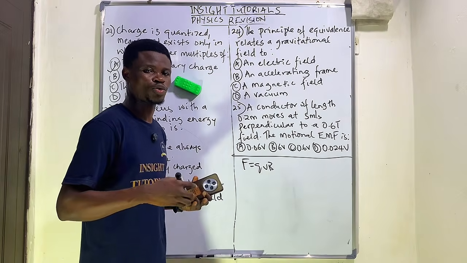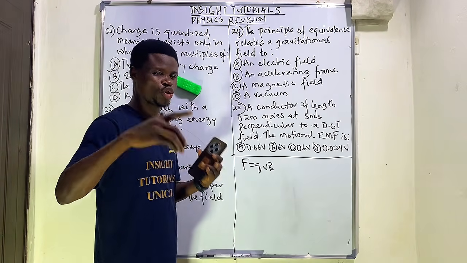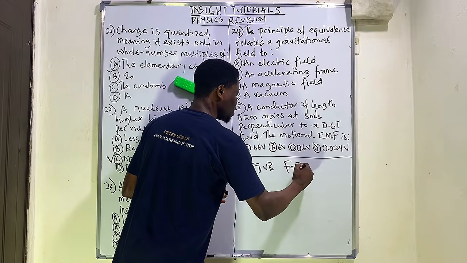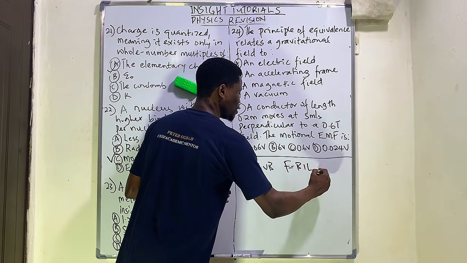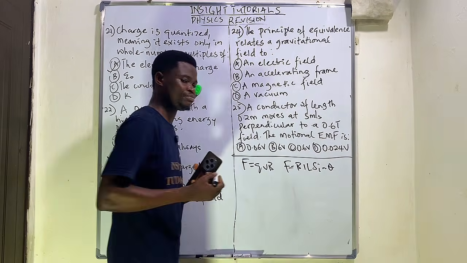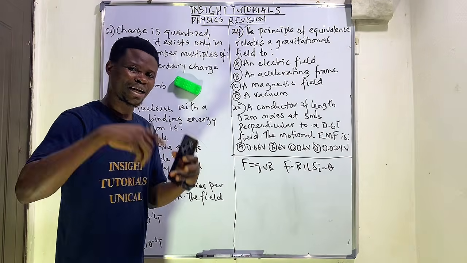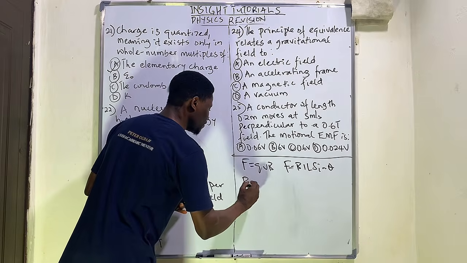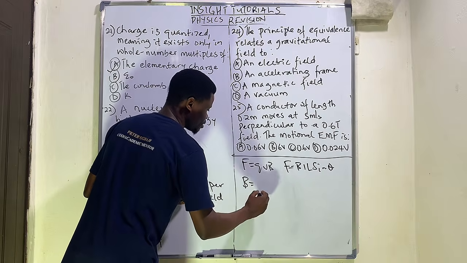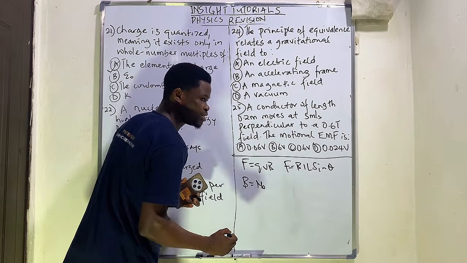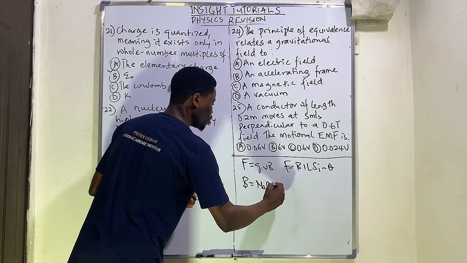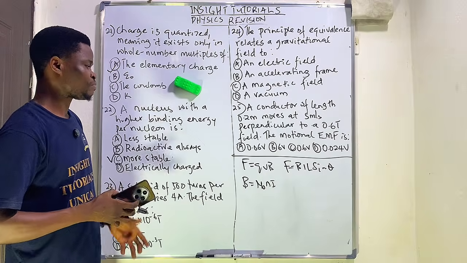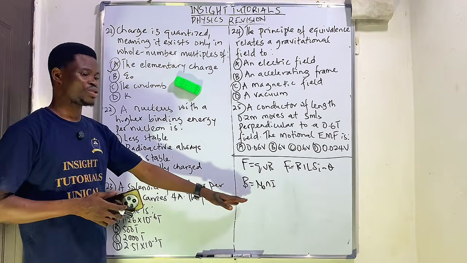When we have force on a current carrying conductor in a magnetic field, it is given as the magnetic field times the current times the length and sine theta. And then we have magnetic field in a solenoid. That is what we're about to write now. So magnetic field is given as the permeability of free space times the number of turns times the current. It's very important for you to know that, so take cognizance of this.